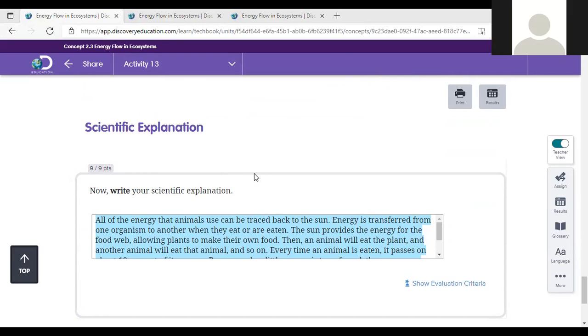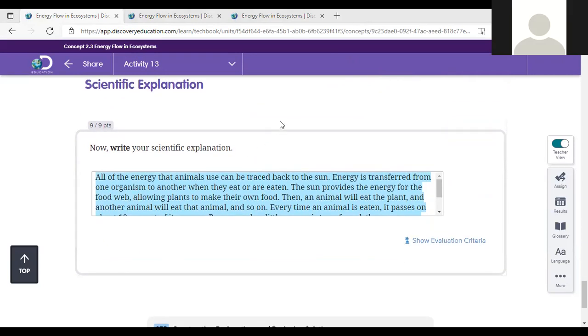Okay, teacher. All of the energy that animals use can be traced back to the sun. Slowly, Mustafa, please. Slow down. Energy is transferred from one organism to another when they eat or are eaten.